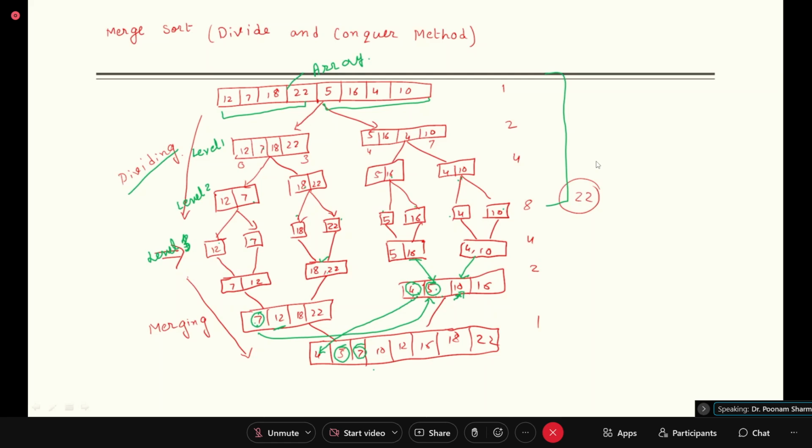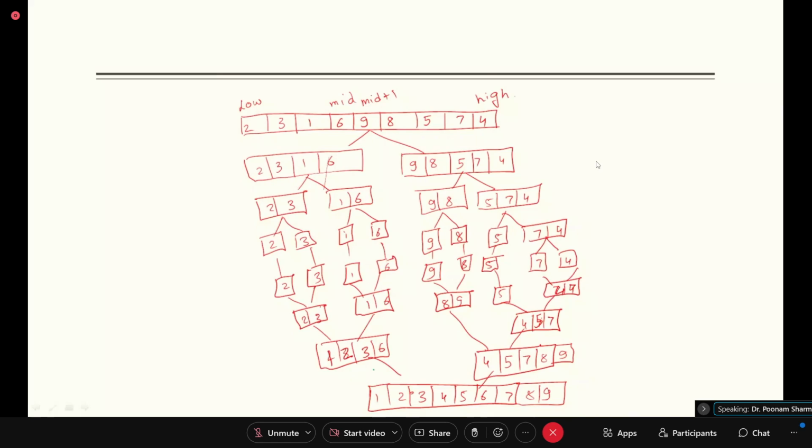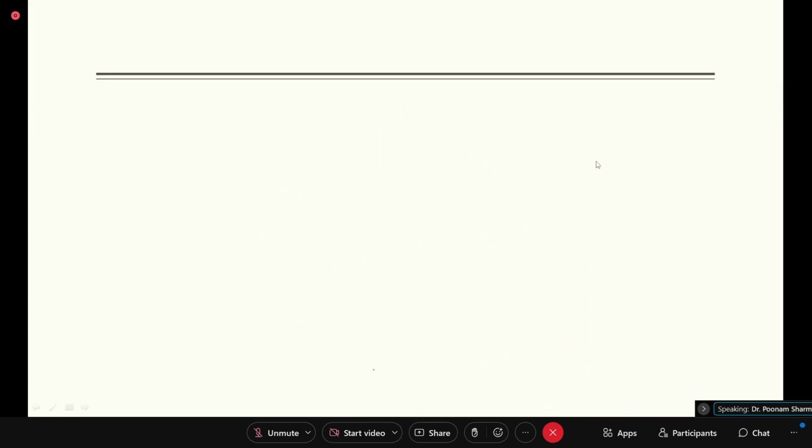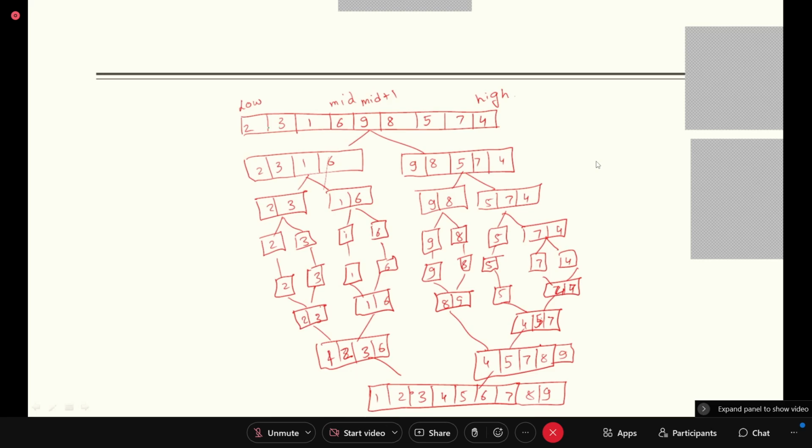Right? Now coming to the question somebody asked. Wait, it is taking a while to load. Here you see 1, 2, 3, 0, 1, 2, 3, 4, 5, 6, 7, and 8.